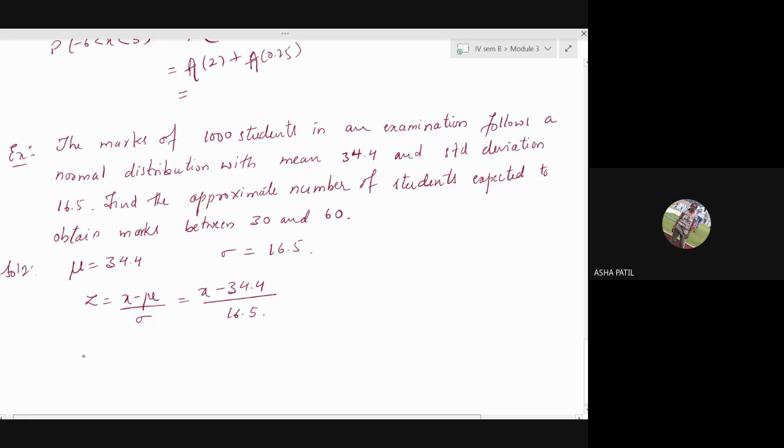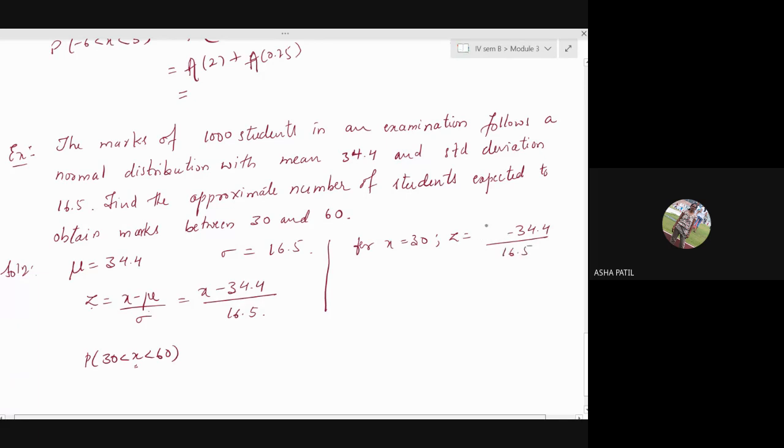Now what we want is probability that 30 less than x less than 60. But we need to standardize this value. So instead of x we want z, correspondingly we take the value of z. That is, for x is equal to 30, what is the value of z? Z is 30 minus 34.4 divided by 16.5.